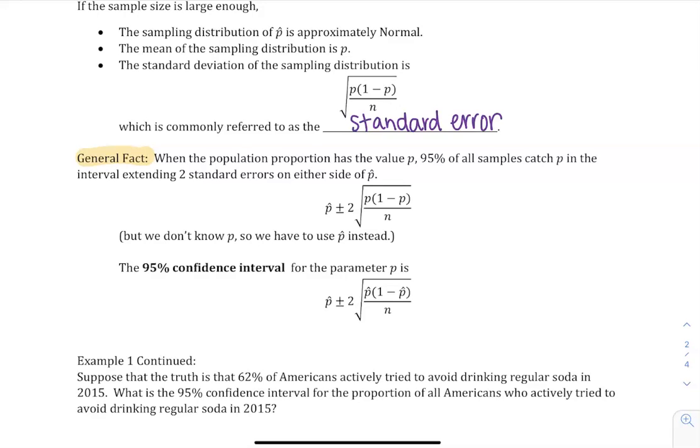In other words, we take our p-hat, we subtract 2 of those standard errors, and we add 2 of those standard errors. If you go back to the beginning of this course, we talked about confidence intervals. Now we're actually looking at how we calculated that margin of error. So here, our confidence interval is given by this formula. And now I'm going to switch over to technology so that you can see how this works.